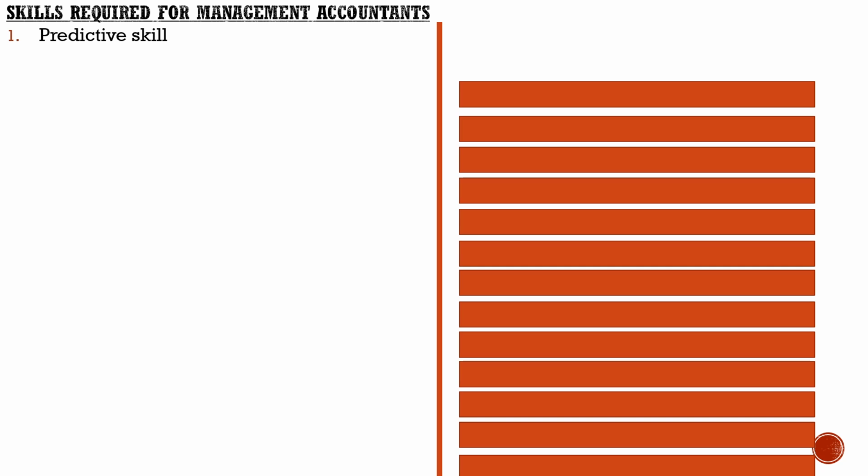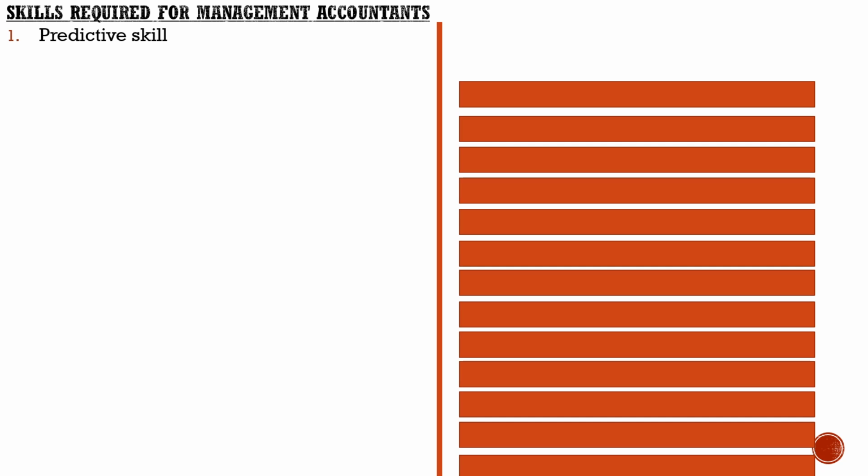First and foremost is predictive skill. Previously, management accountants were more involved with data, presentation and analysis. But recently, with the introduction of artificial intelligence, machine learning techniques and an extremely dynamic business environment, all these led to a change in the nature of management accounting.